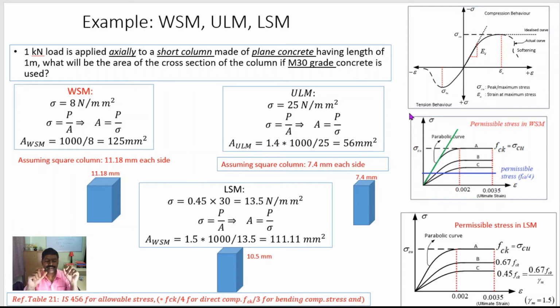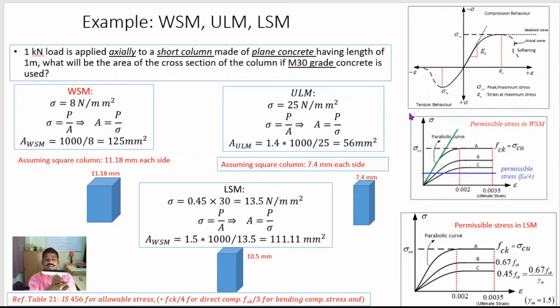If you go to Table 21, it says that if the compressive stress is occurring due to bending, suppose this is one beam and the load is applied here, due to that this will be our deformed shape.